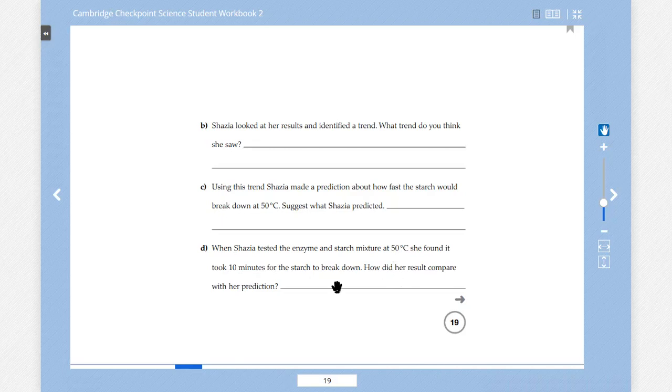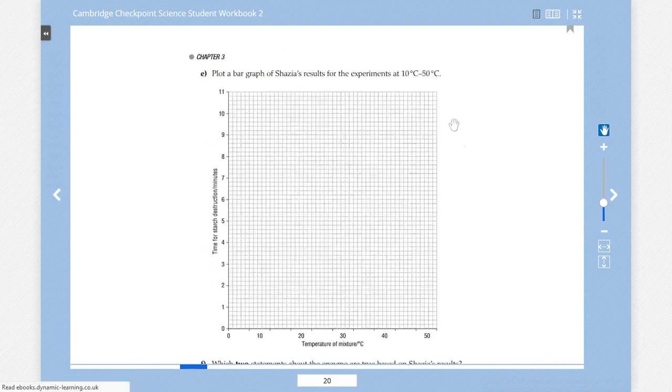How did her result compare with her prediction? And now we move to part E. Plot a bar graph of Sazia's results for the experiment at 10 until 50 degrees Celsius.